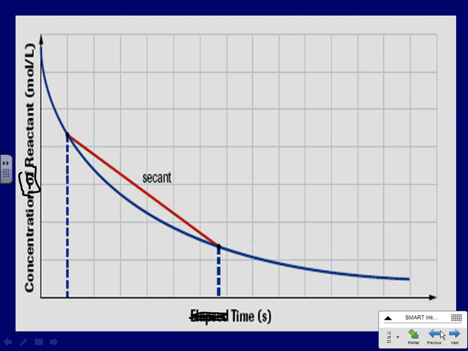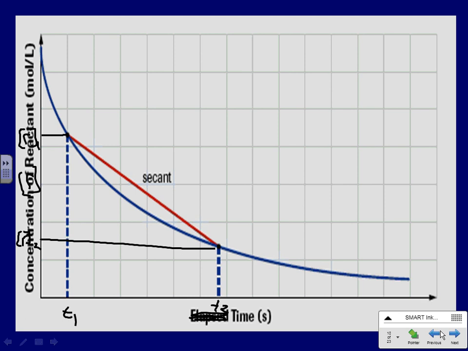And if I wanted to find the slope of that, I'm going to have a T2 and a T1. And if I work my way across here, right there and right there, I'm going to have a concentration of R at time 2 and a concentration of R at time 1.